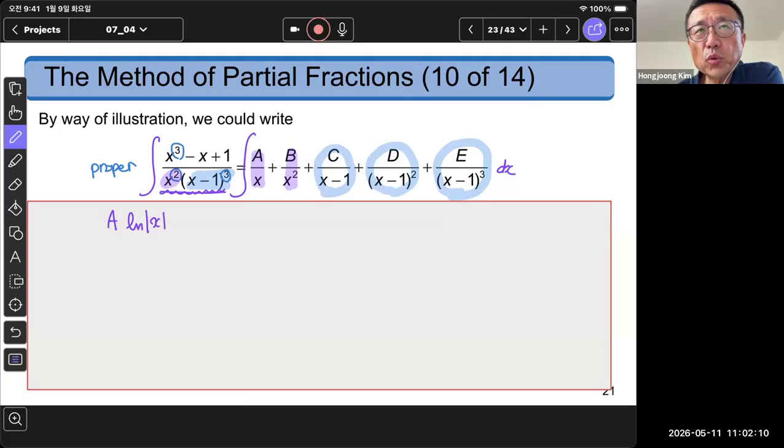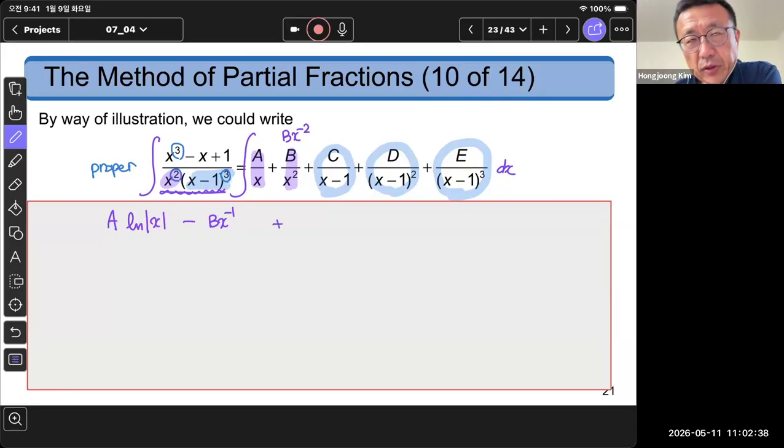And B over x squared, that is B times x to the negative 2 power. Which function shall I differentiate to get this as the derivative? You get B times x to the negative 1 with minus coefficient. Then when you differentiate that function, you get B over x squared with a positive sign.